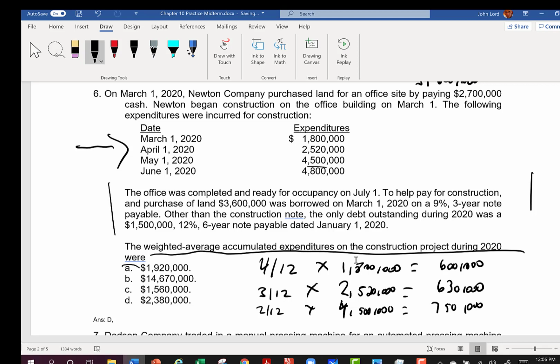And then the amount they spent in June was only outstanding for that 1/12 of the year. What's that, 4,800,000? No, I'm not lining these up real good, but that's all right. Multiply that out, and that's going to give me 400,000.